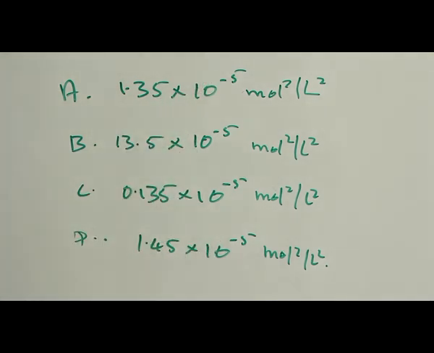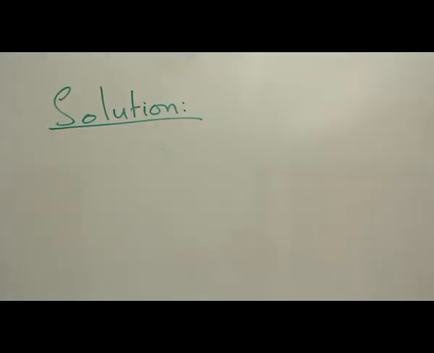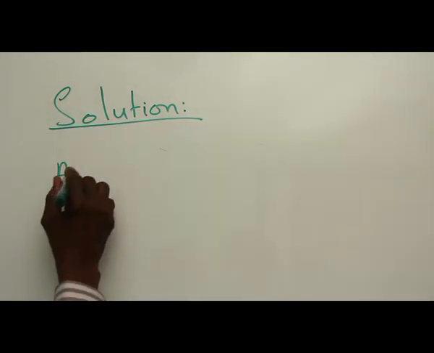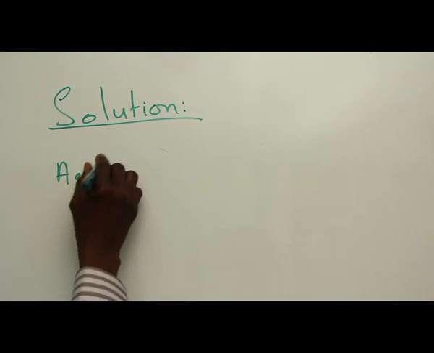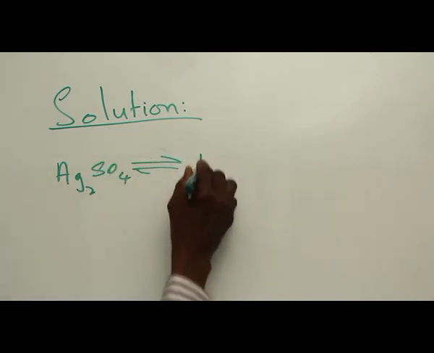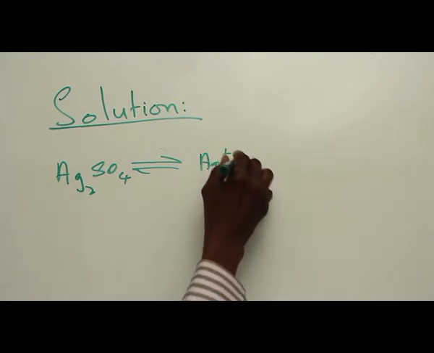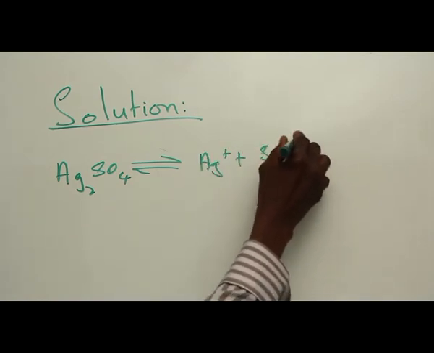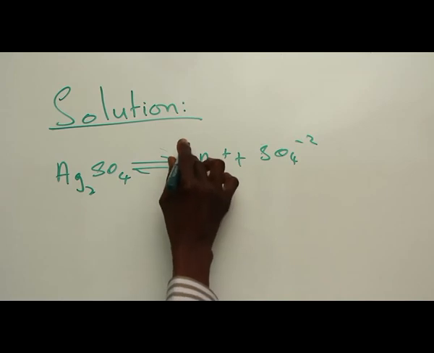Let's find out the solution so that we can locate the correct option. Solution to example 5. The salt dissociates as shown in the equation to give silver ion plus SO4 minus 2.